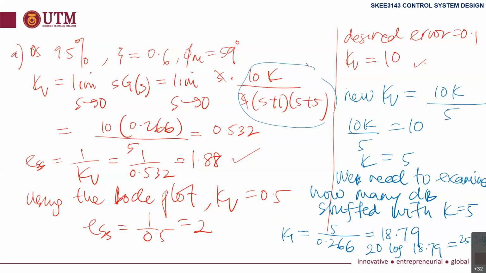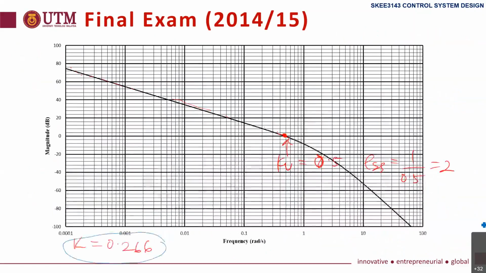So we want to use new K equal to 5. Then we have to find how many dB of gain will be shifted, and this is the way to calculate the magnitude shift, 25.5 dB. So now I want to replot the Bode plot here with K equal to 5.